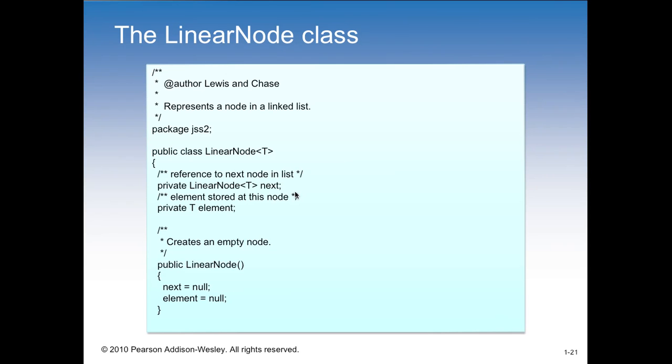So our linear node is going to be our generic node that's going to keep track of our next, our next, our next. It's a reference to the next node in the list. We also have something that we're going to store. So our linear node has an element, it's holding something, because we have items that we're going to need to hold in this list. And then we have next, next item, next item.